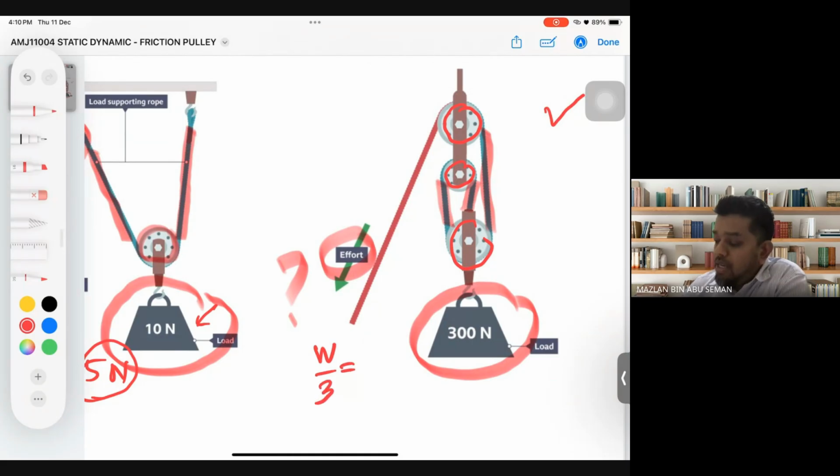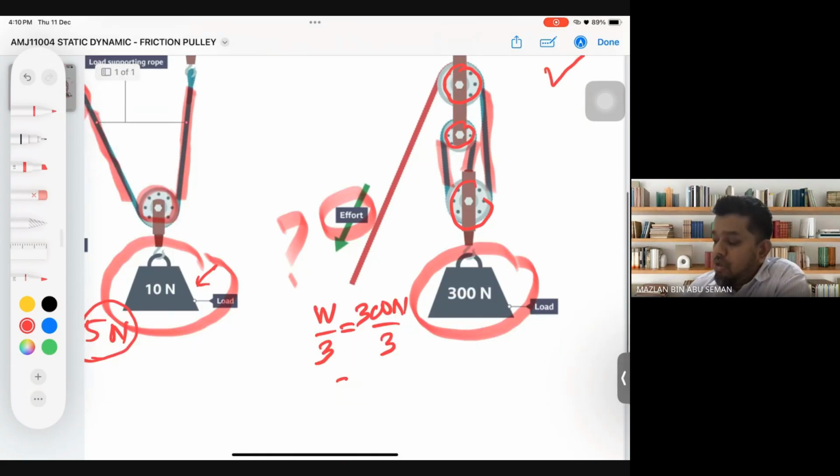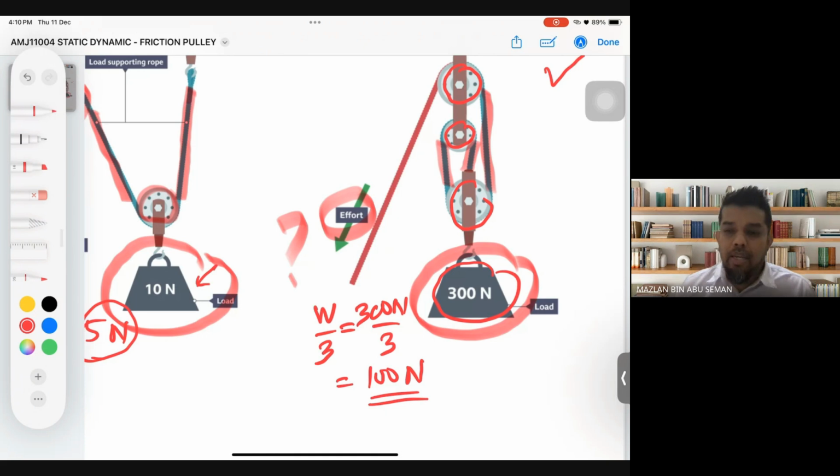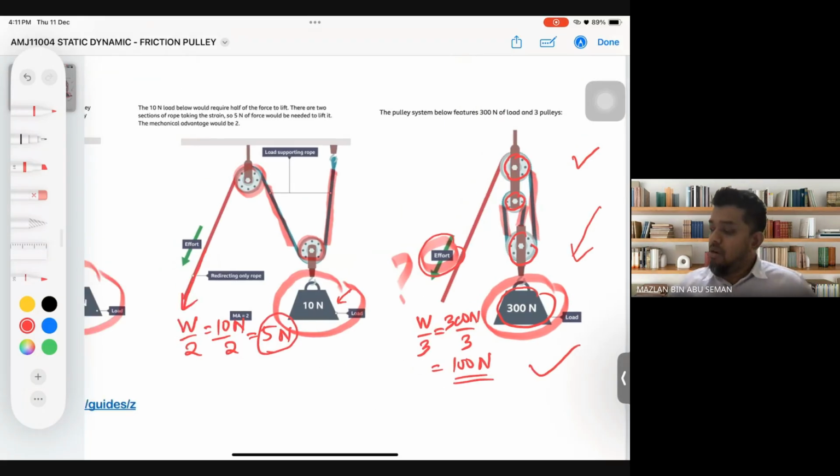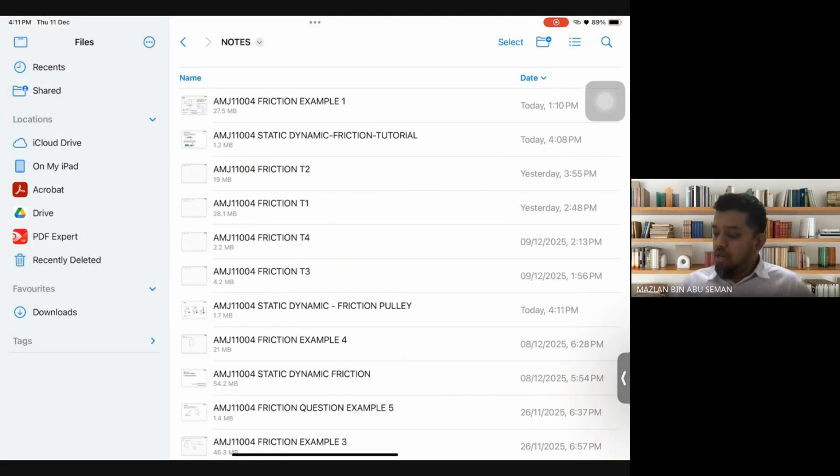So the effort we need is 300 Newton divided by 3. We just need 100 Newton effort to lift this 300. Okay, clear with that? So we need to use this concept to solve our question T3. That means the effort to lift this is divided by 3.